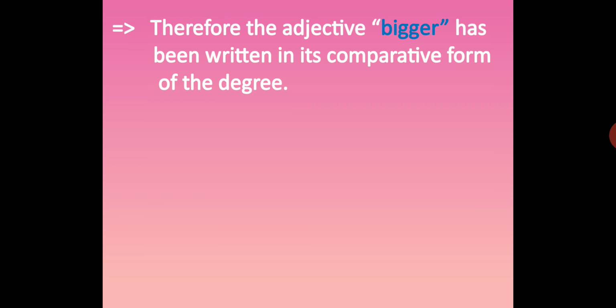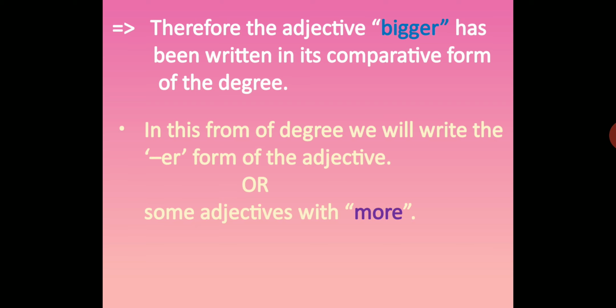Comparative form of the degree means we will write an adjective with some changes. Which kind of changes? Let's see. In this comparative form of degree, we will write the er form of the adjective, or for some adjectives, use more. Just see the spelling of bigger, B-I-G-G-E-R, right?